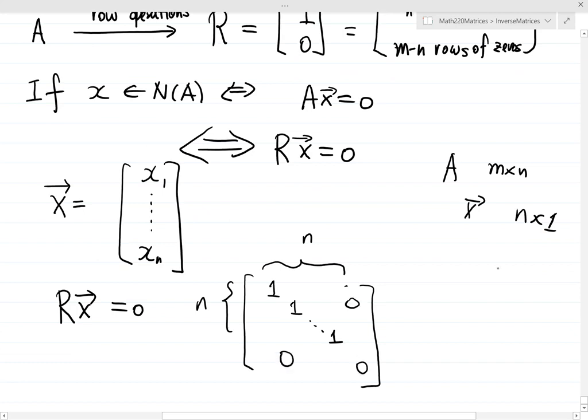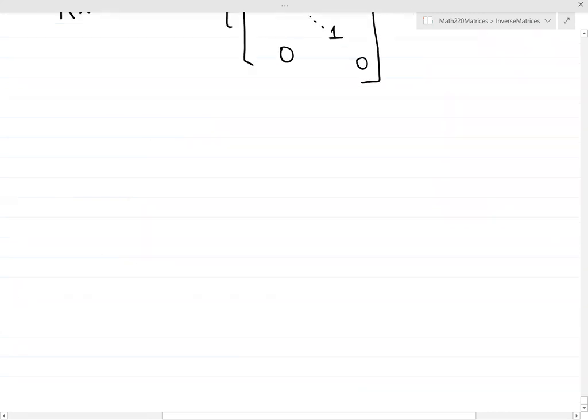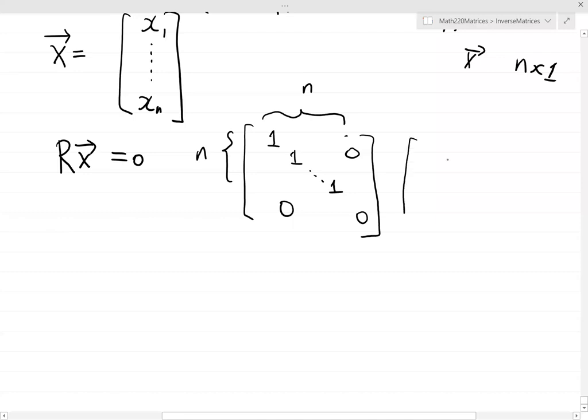So Rx being 0 is equivalent to multiplying this with x1, x2, all the way to xn.